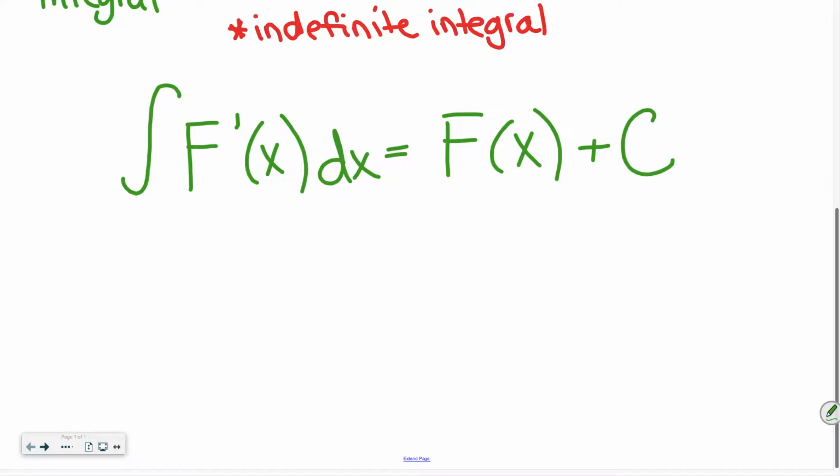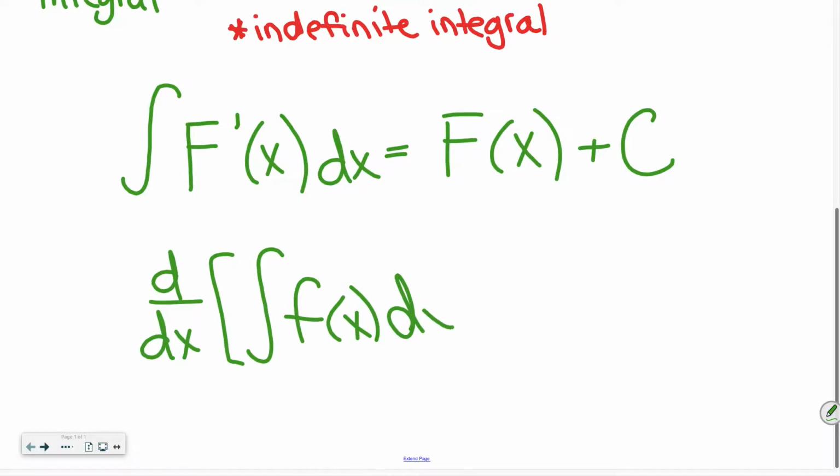The antiderivative of the derivative is the function itself. Same thing, the derivative of the antiderivative would be the function itself. I just want you to understand that those two would undo each other.